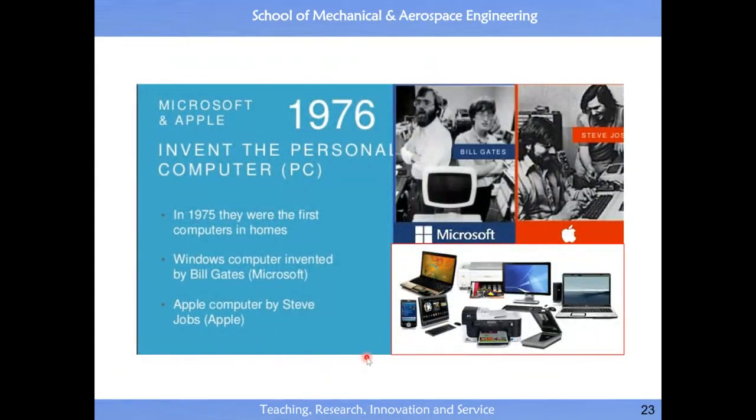Then for the personal computer, you may have heard two big names. One is Bill Gates, another is Steve Jobs. Bill Gates created the Microsoft company, and this is a popular product in the market.